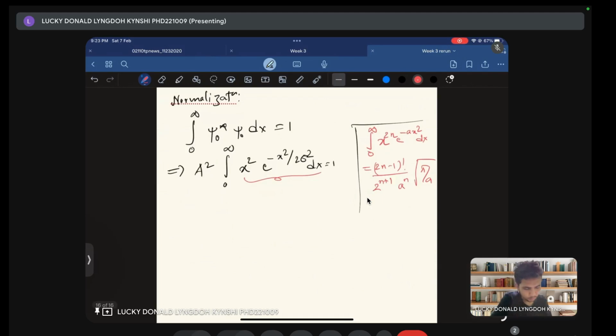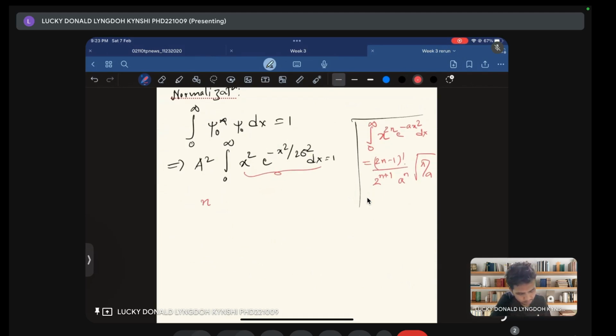Using this formula, what happens in our case? n is equal to 1. This n is different from your ground state n. It comes just mathematically from the 2 into 1, so n equal to 1 here does not mean the first excited state. This is just to solve these integrals.